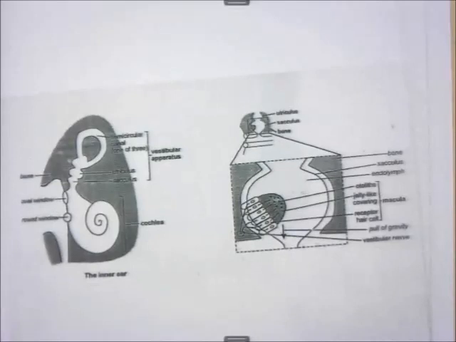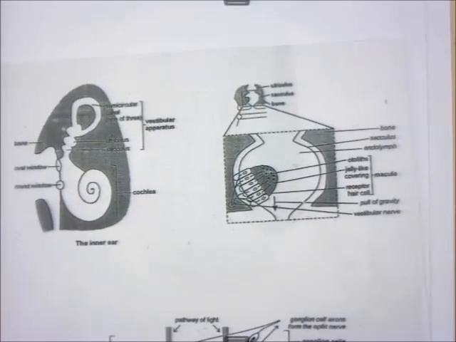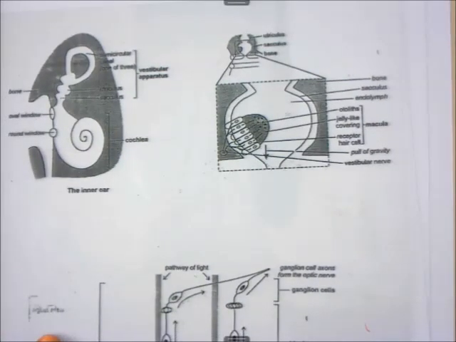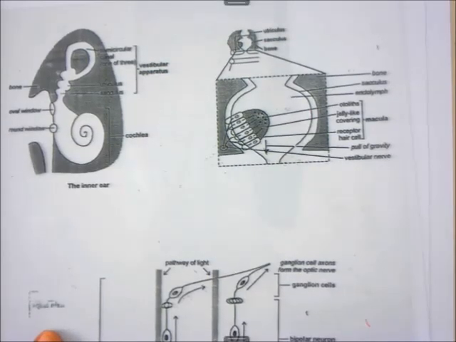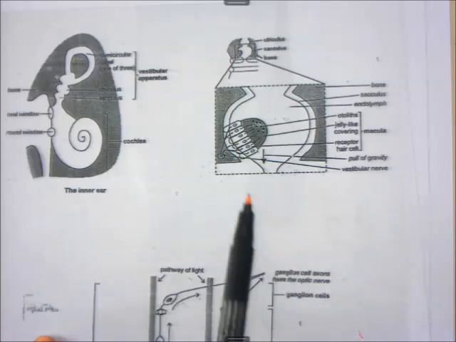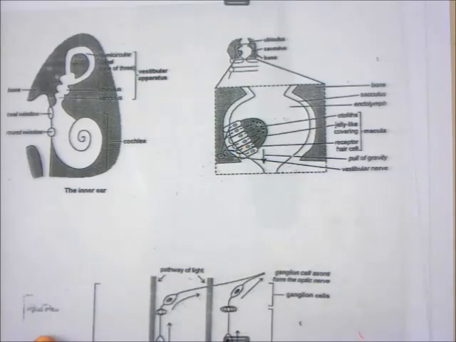And then from there we do have the receptors which are found in our ears. So in our ears, we do have three receptors. We do have a receptor which is called a macula. This macula helps to register the position of the head. I'll talk about it later on.